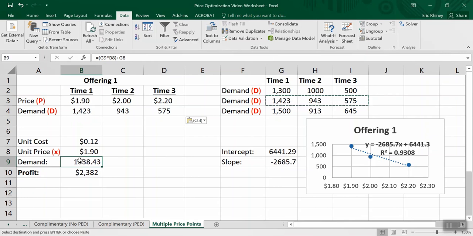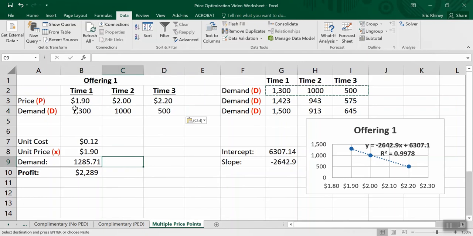Our estimate is a little bit off, which is indicated again by this R squared, that the explanatory power of this line is not quite as robust as when we had this first one in. I'm going to add this first one back in really quickly.